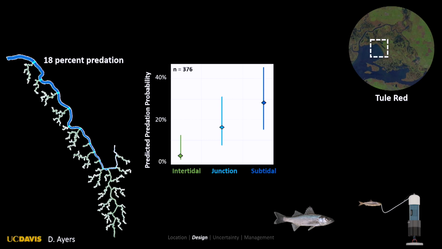Overall predation rates in a tidal marsh were extremely similar to predation rates seen using this technique in other places, like in the middle of the San Joaquin River. So not functionally different in that respect. But most of the predation, at least in this study, happened in these deeper subtidal channels or at the junctions with intertidal channels. This ties back really nicely to that evaluation of rearing habitat as a function of depth.